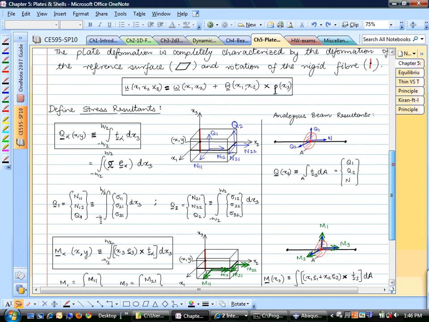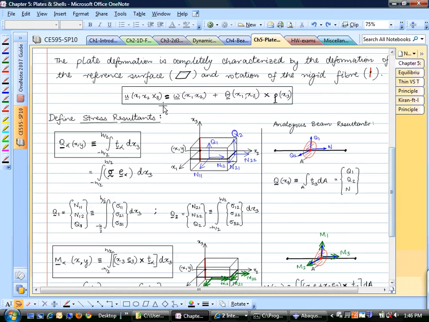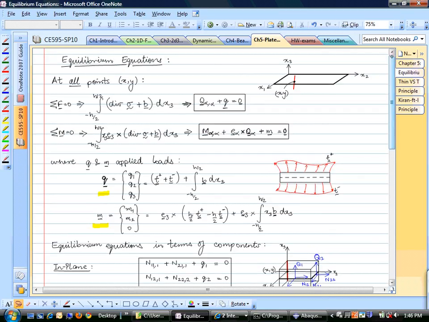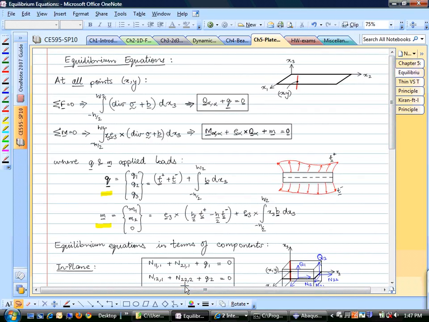So what we'll do is, now that we have a kinematic assumption and we have our shear force and bending moments for the plates, we'll try to write the equilibrium equations for plates. And the way that turns out is like this. What we've done is we have simplified our plate to just the centroidal surface and one needle.